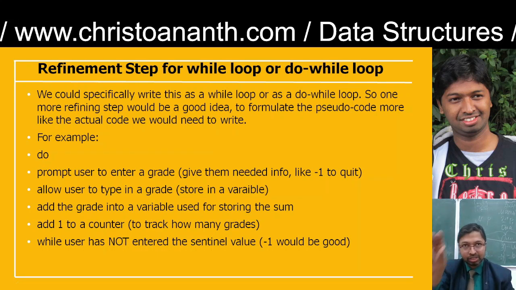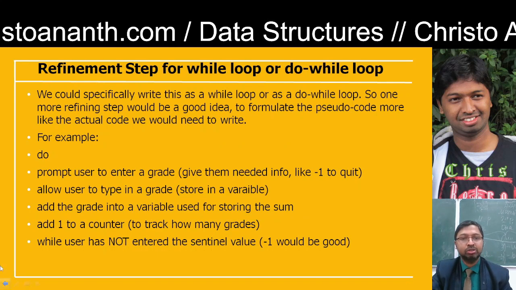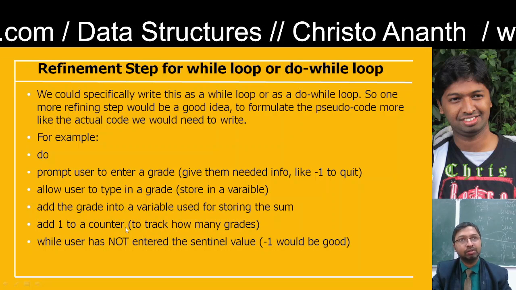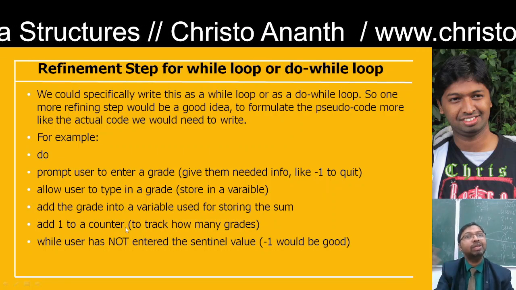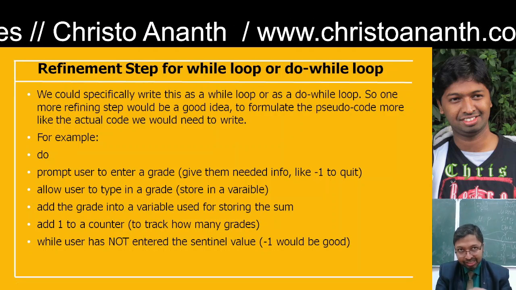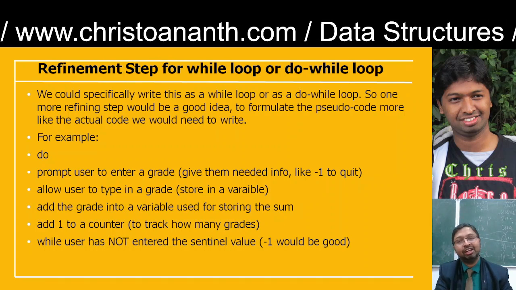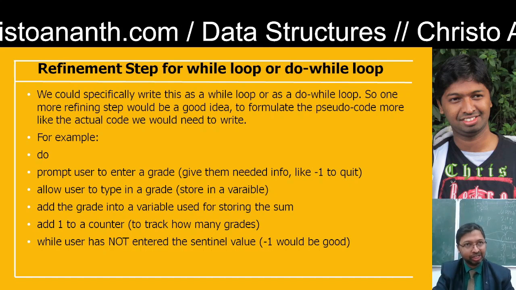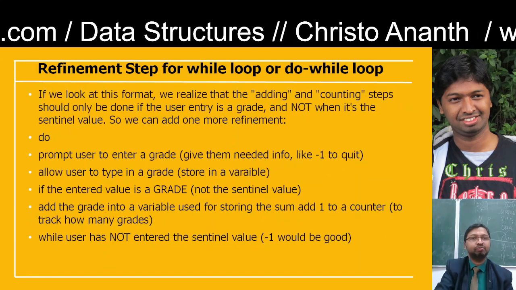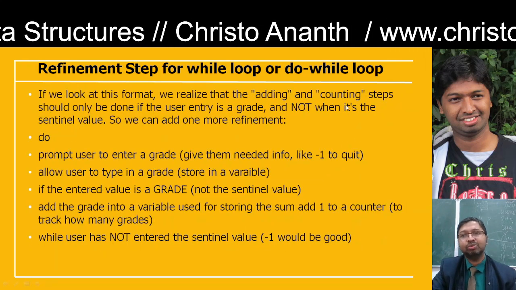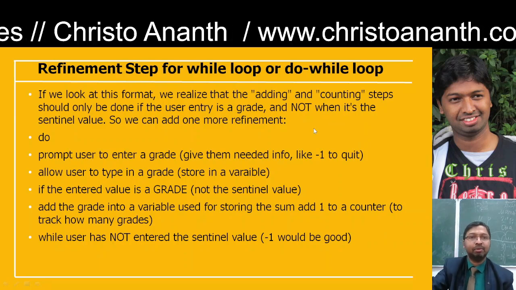So 65, 75, 85, everything will be stored, and add one to the counter, so that will be tracking how many grades there are. 5 grades are there, 6 grades are there, that will be tracked. While the user has not entered the sentinel value, -1, you can enter to quit finally. So that is how you are going to add and count the steps.